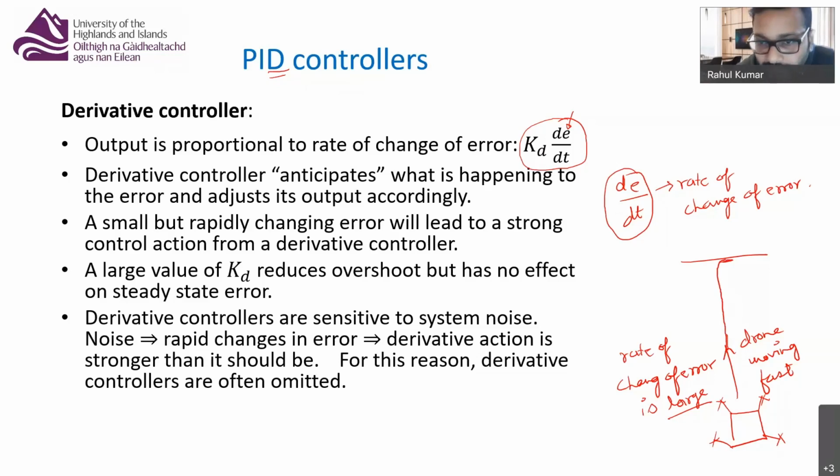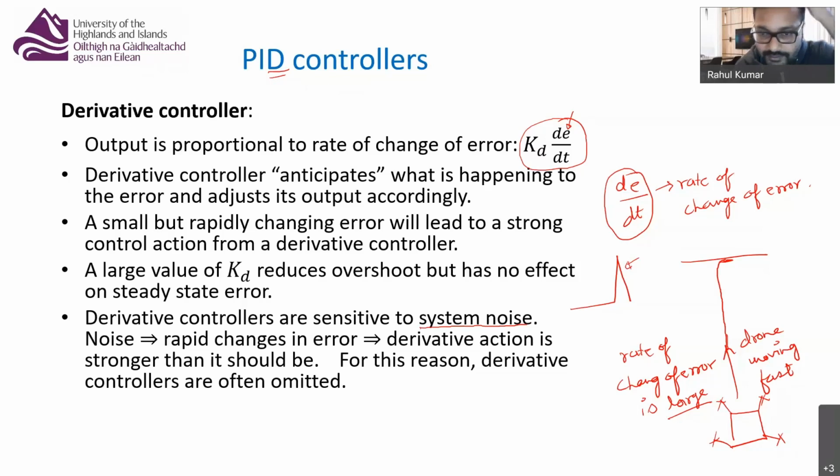However, this derivative controller is quite sensitive towards noise, right? So again, because of some noise, all of a sudden your error rises, so the rate of change of error will be quite large. So this derivative controller will again produce a very large control signal to control this rate.